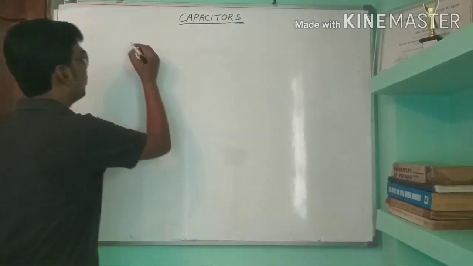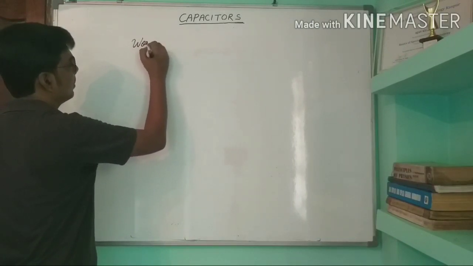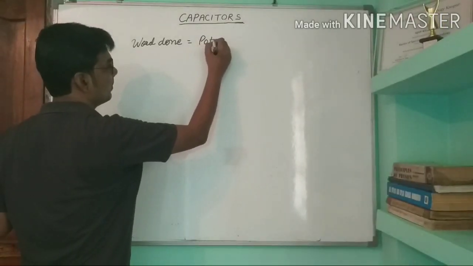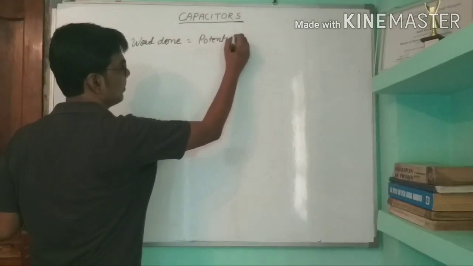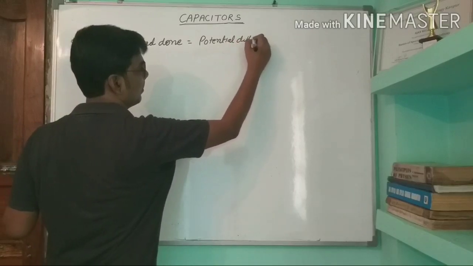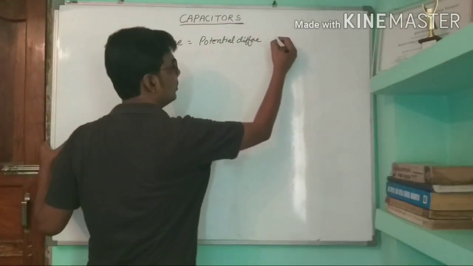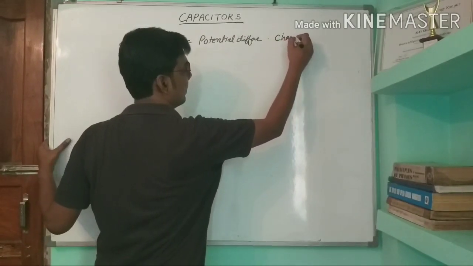As we know, the work done is equal to the potential difference between the two conductors into charge.